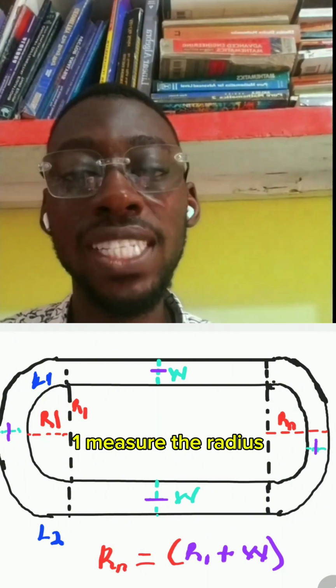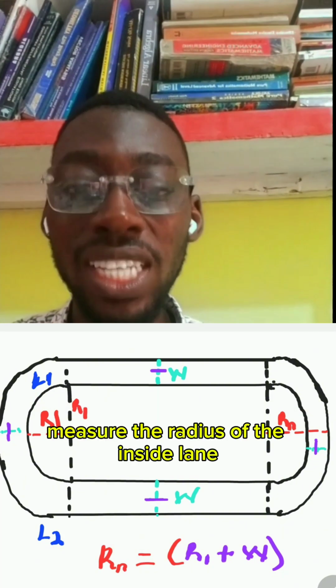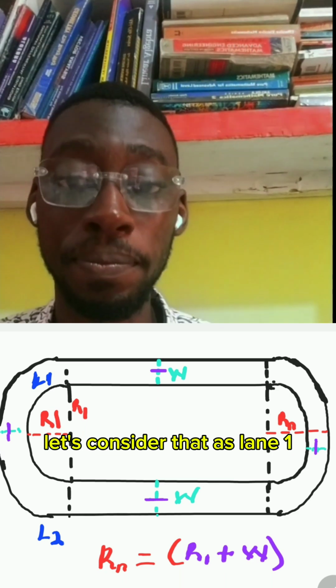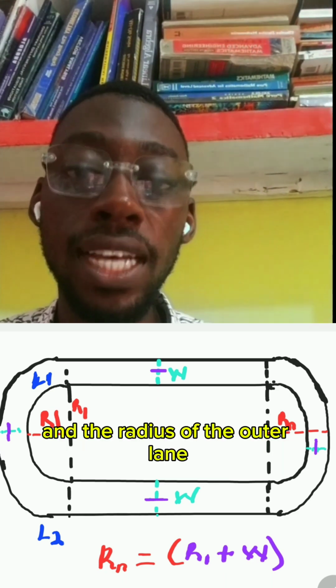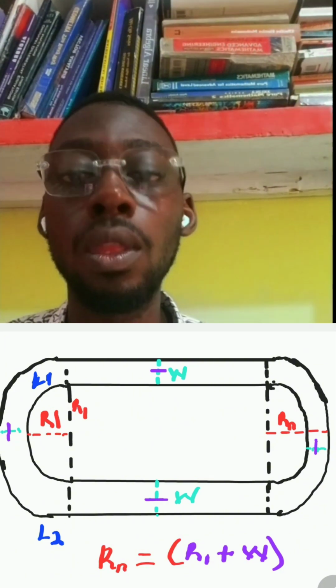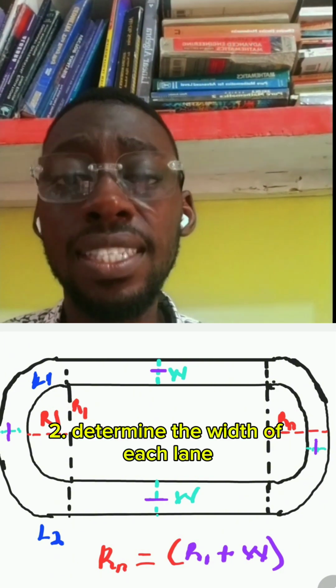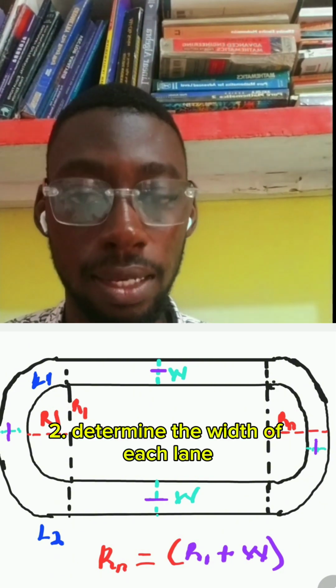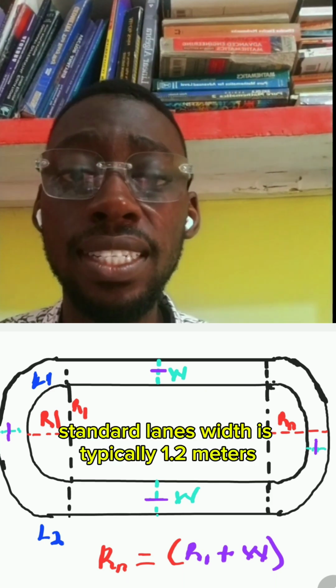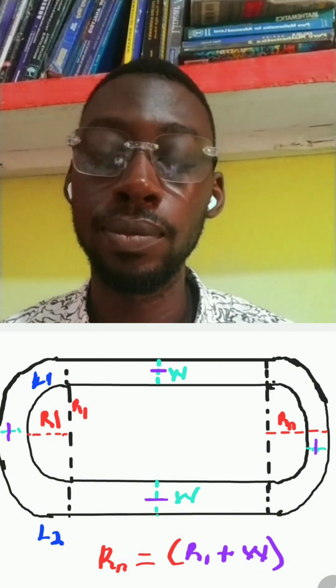1. Measure the radius. Measure the radius of the inside lane, let's consider that as lane 1, and the radius of the outer lane for which you want to calculate the stagger. 2. Determine the width of each lane. Standard lane width is typically 1.2 meters or about 4 feet. 3.